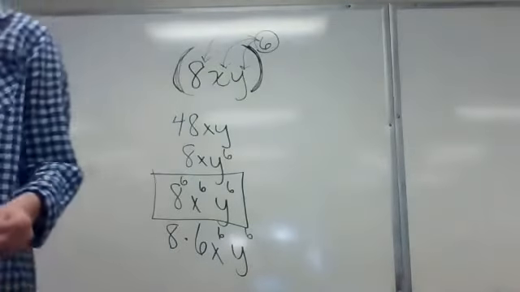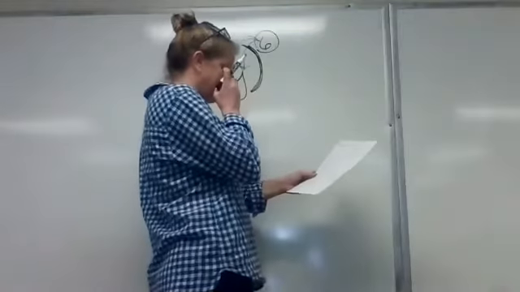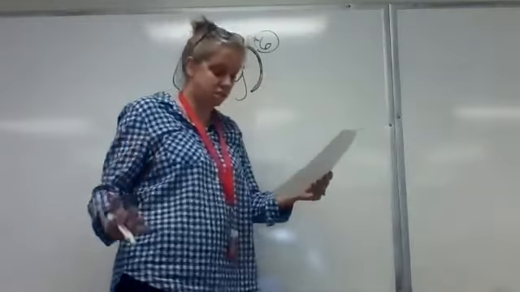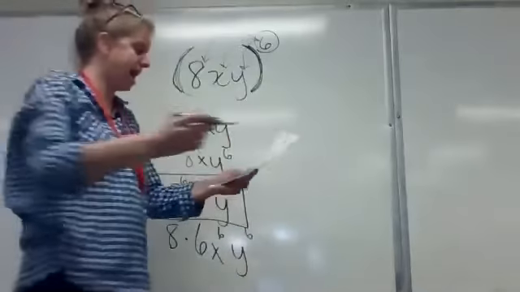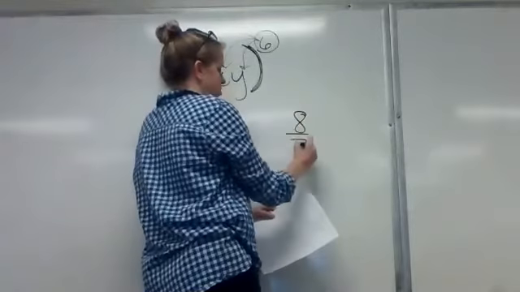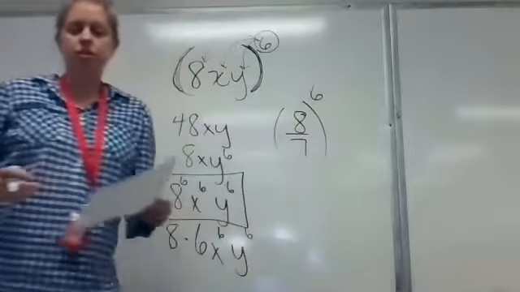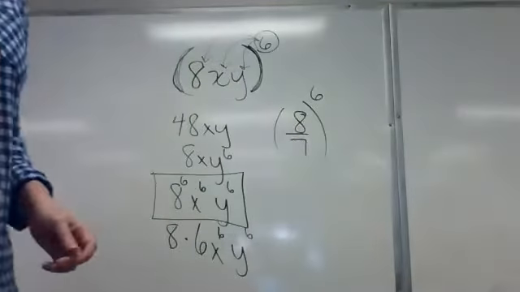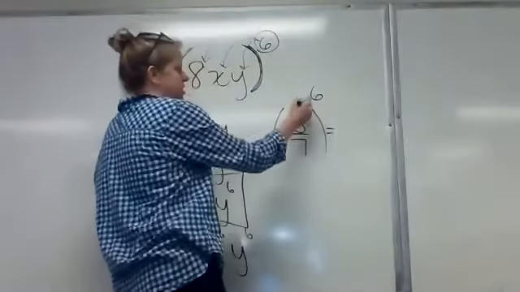Okay, then number 9, last one, says simplify this, and again it says type it in its exponent form. It doesn't want you to carry it all the way out. You have 8 over 7 to the 6th power. It's a fraction, but it's all in parentheses, which means who gets this 6th power?